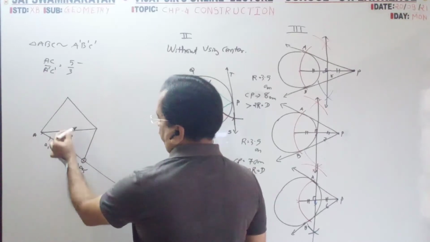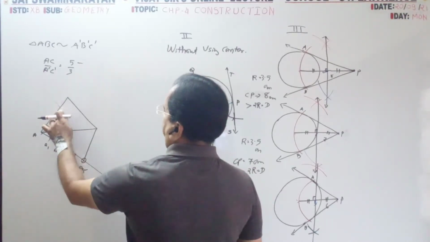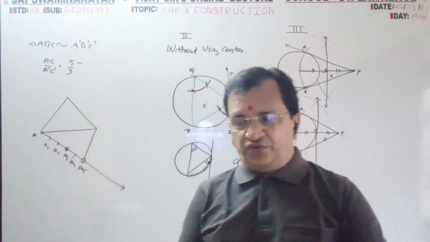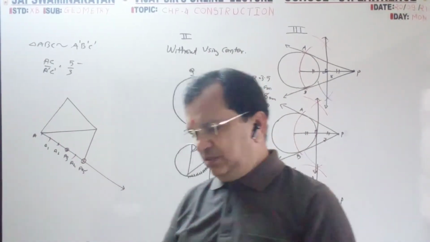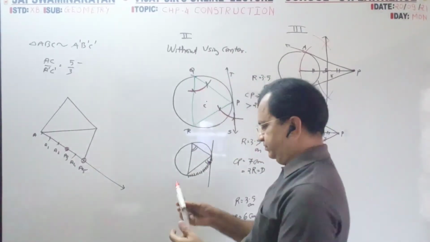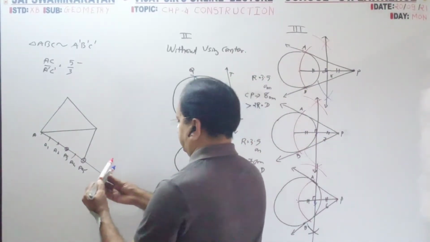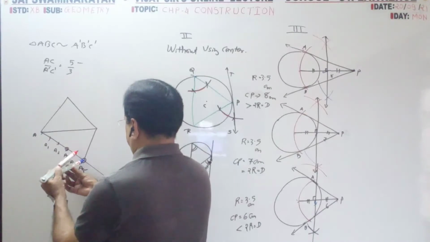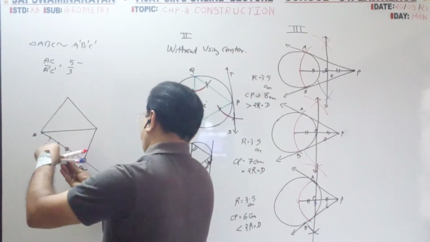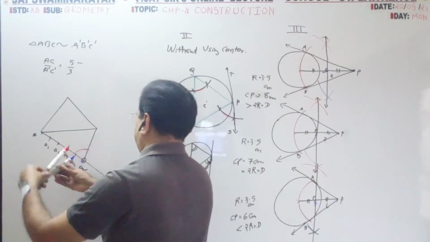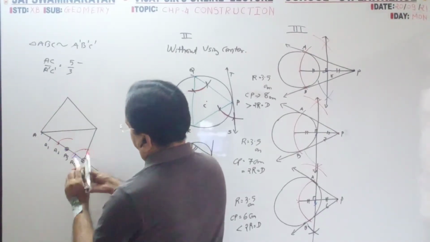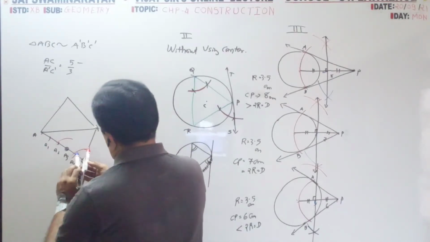From the 3rd point we have to draw the parallel, then we will get the triangle. How to draw the parallel? Take this angle from 5 and take the same from 3, meaning a congruent angle, this much.